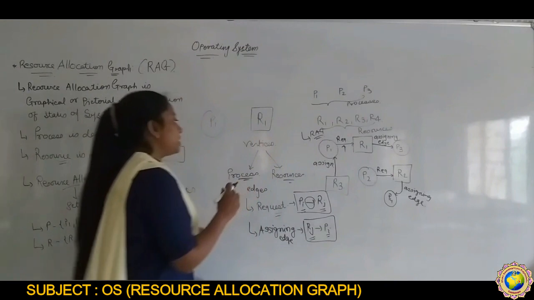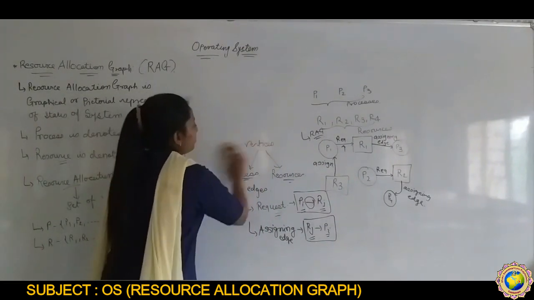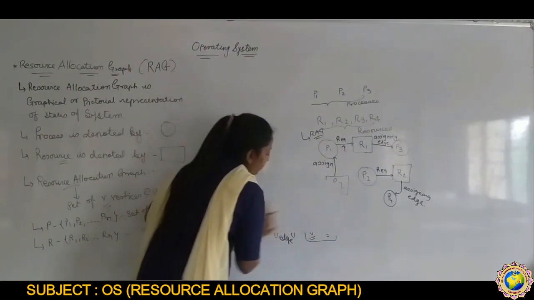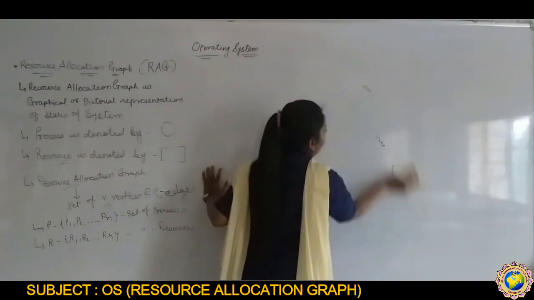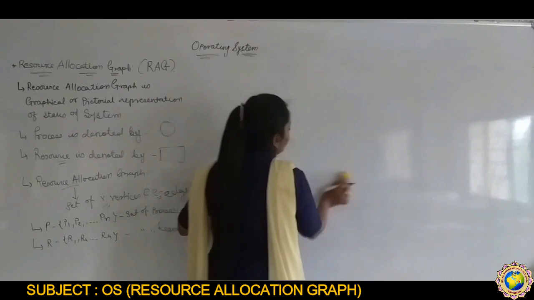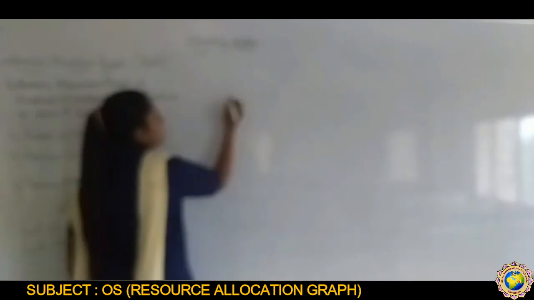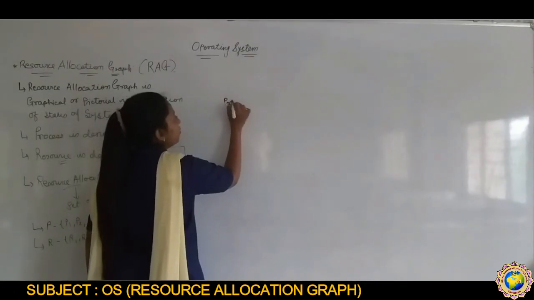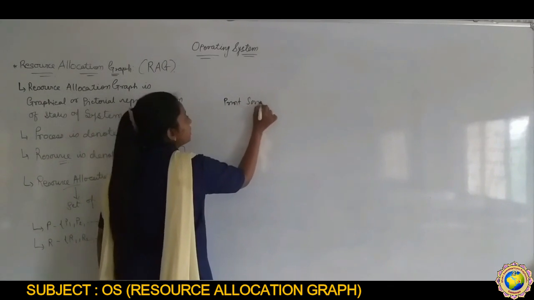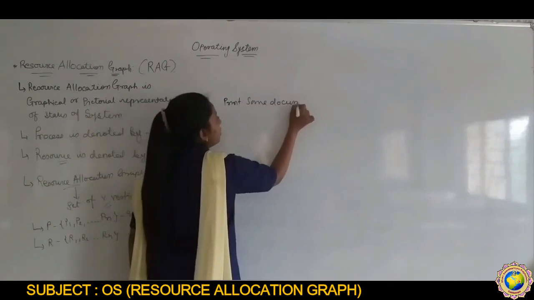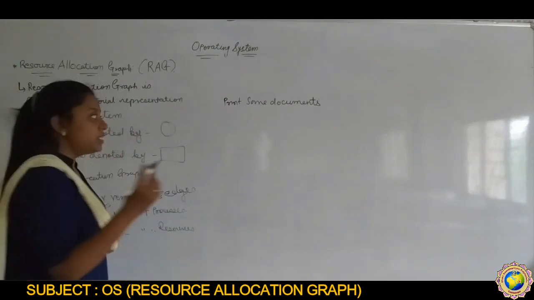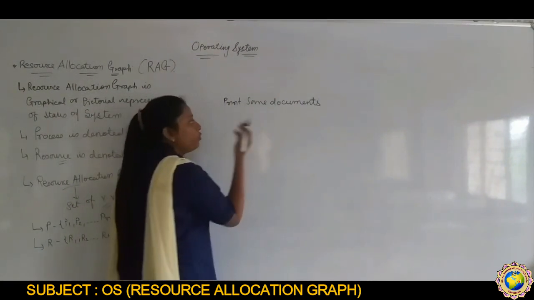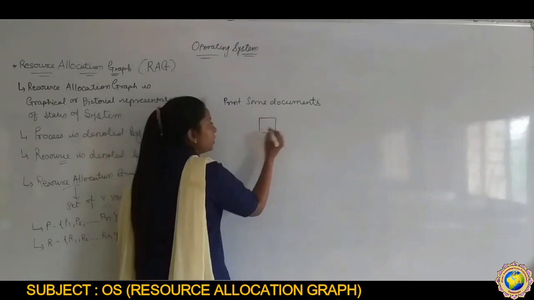Let's see one example of a resource allocation graph. We have to print some documents, right? So we need a printer.